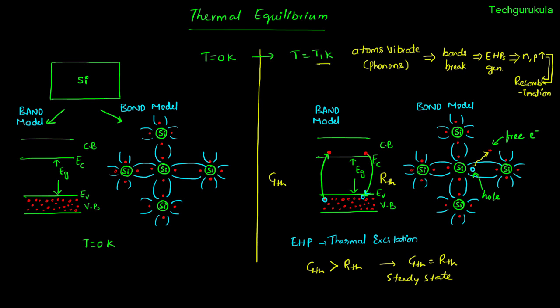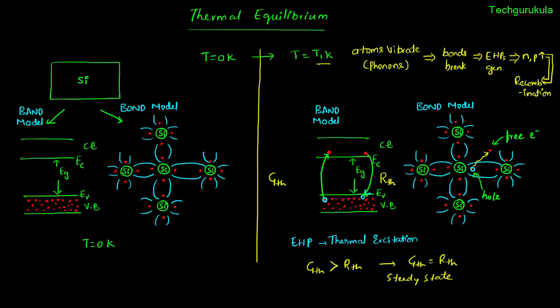A point to note: generation can be caused by various phenomena like incidence of light, pressure, and application of an electric field as well. That's why, in defining thermal equilibrium, we assumed there are no external excitations whatsoever except the temperature itself. That's why we call this thermal equilibrium.